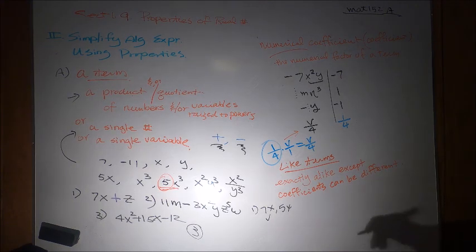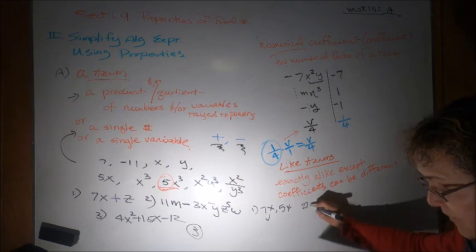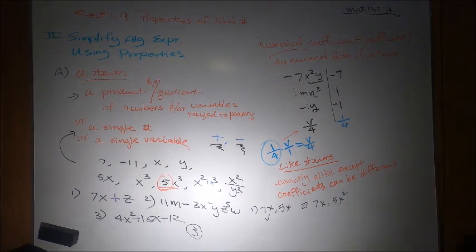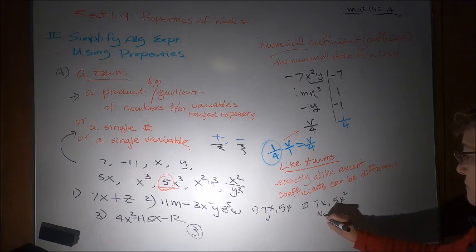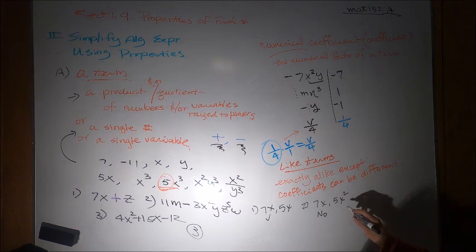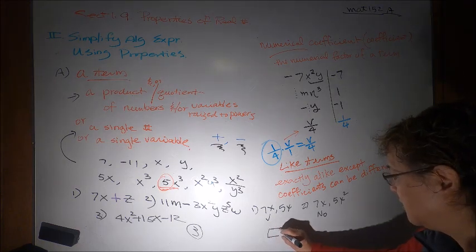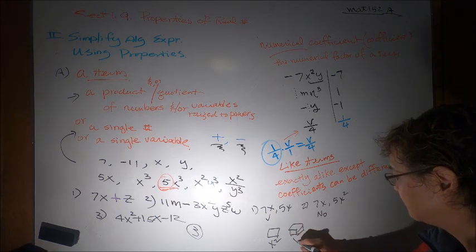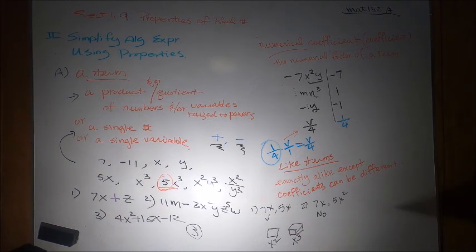Same variable. And if I have 7x and 5x squared, are they like terms? Not really. Because x and x squared are different. Just like if I have x squared here, x cubed here, are they like terms?